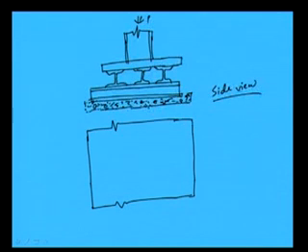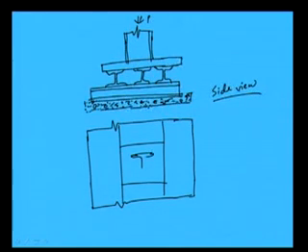So this is the column from which the load is coming. Now the two tier, here we are showing the two tier beams are placed.